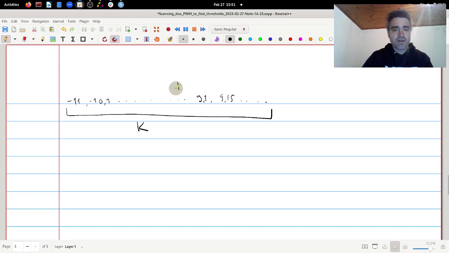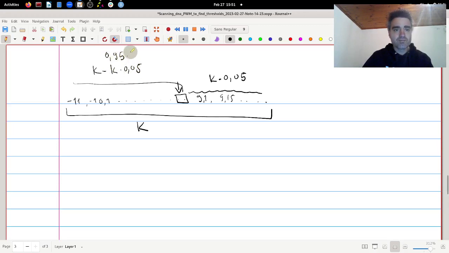So in order to find this value here, which is the threshold, it means that here we have the 5% of all these values. So this will be the k multiplied by 0.05, which means that all these values are k minus k times 0.05, or in other words, this should be 0.95 of k.